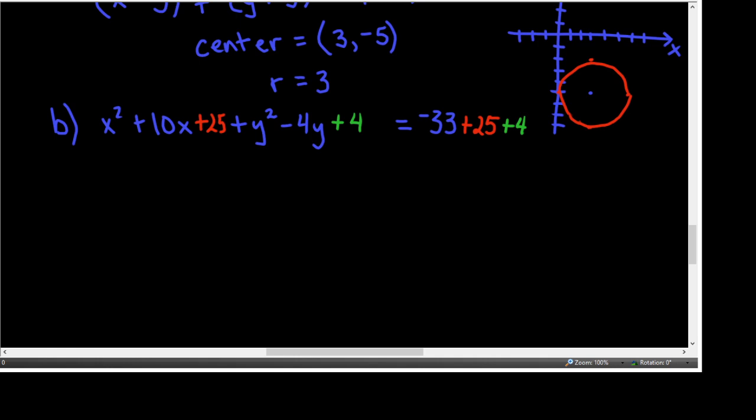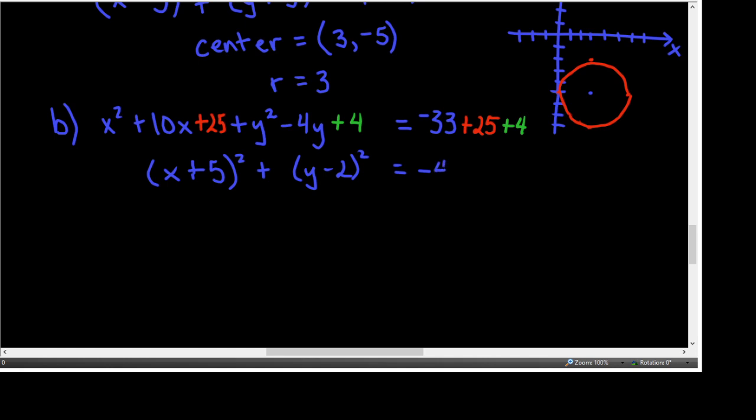All right, so this will factor to be x plus 5 squared plus y minus 2 squared equals, let's see, -3 and 25 plus 4 is -4.